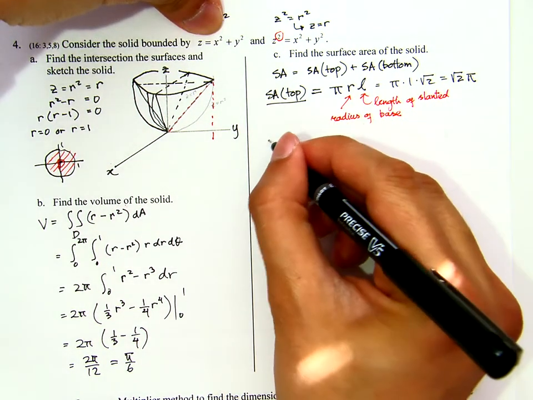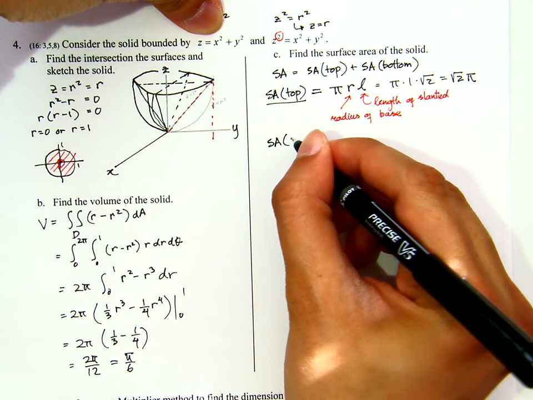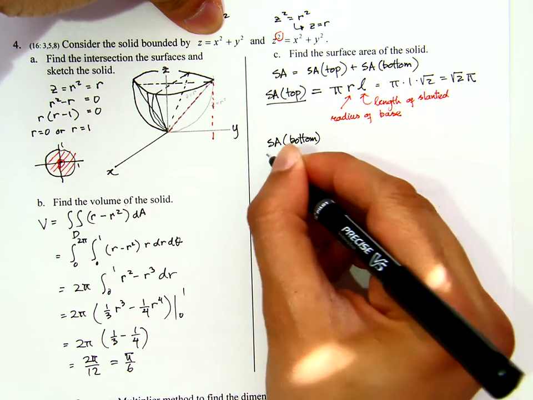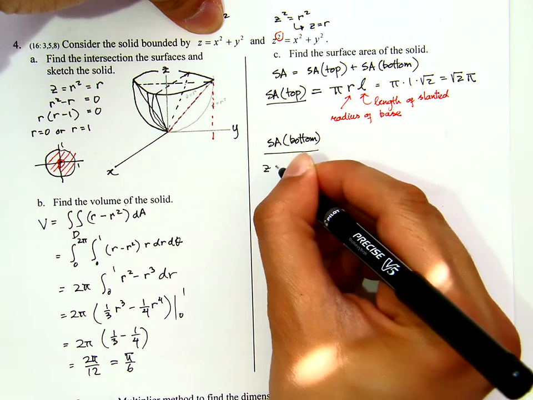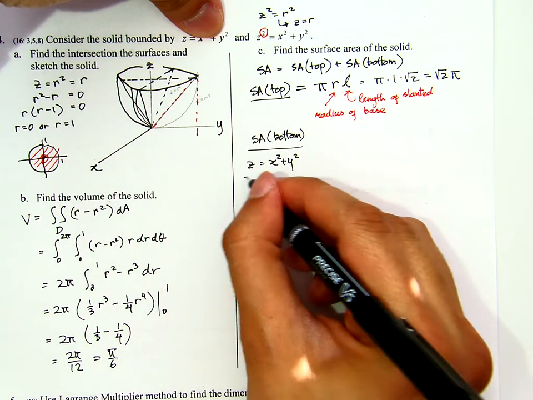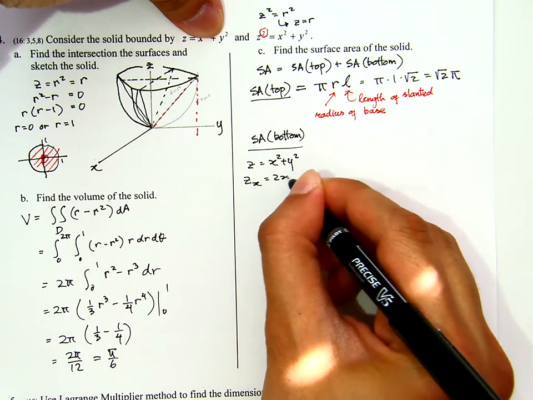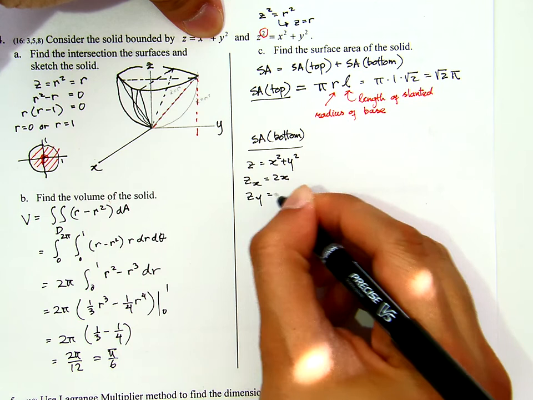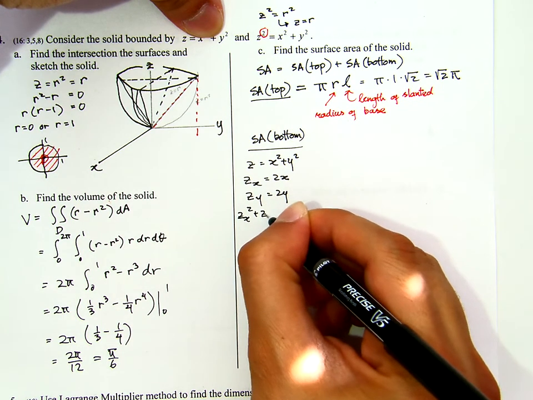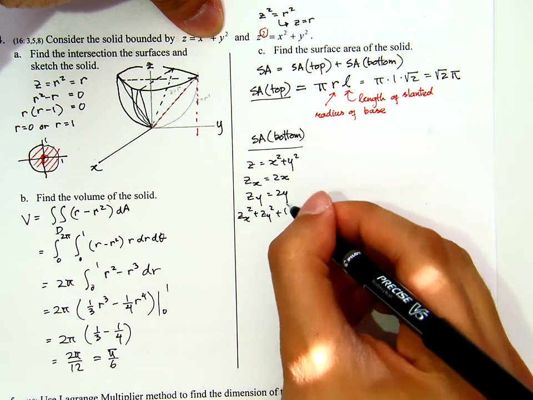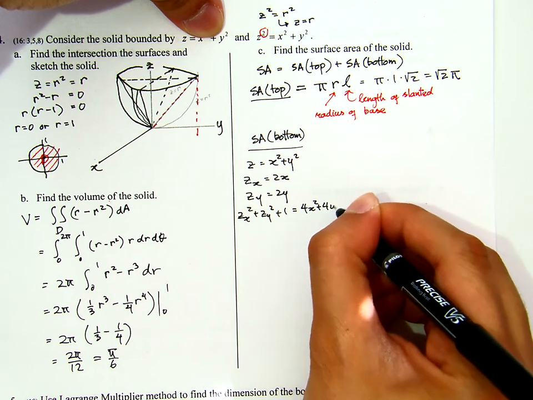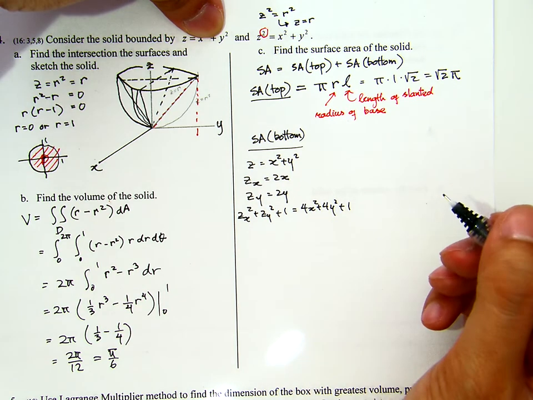Now how about the area at the bottom, the surface area of the paraboloid. Now z equals x squared plus y squared. Therefore z sub x is 2x, z sub y is 2y, so z sub x squared plus z sub y squared plus 1 will equal 4x squared plus 4y squared plus 1.